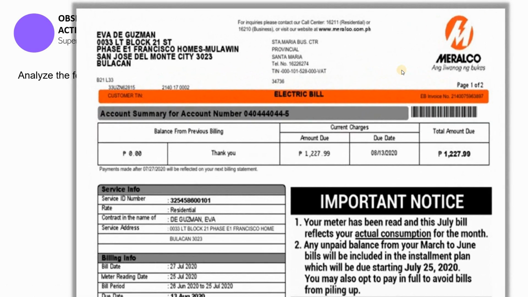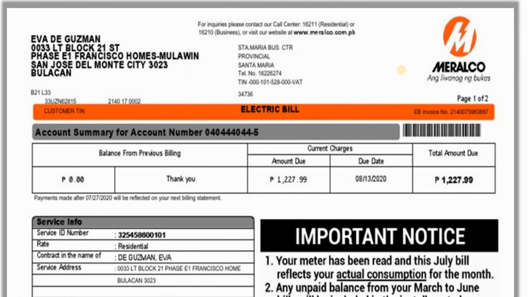This electric bill is for a certain person named Eva de Guzman who lives at 0033 lot, Block 21, Street Phase E1, Francisco Homes, Mulawin, San Jose del Monte City, 3023, Bulacan. As you can see, her previous bill is paid. Her current charge is 1,227.99 and it's due on August 13, 2020.